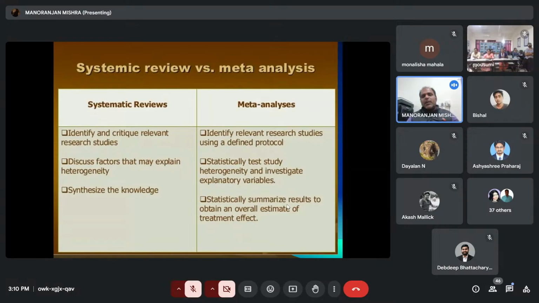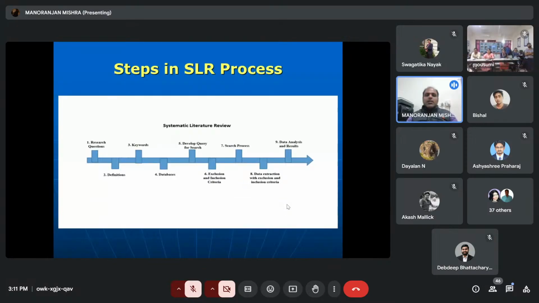Then these are the steps in the SLR process. As I said, the first step is that you have a research question. So you have to disintegrate your research problem into a number of research questions. Then you have to define all these things, or you develop a framework of your research.